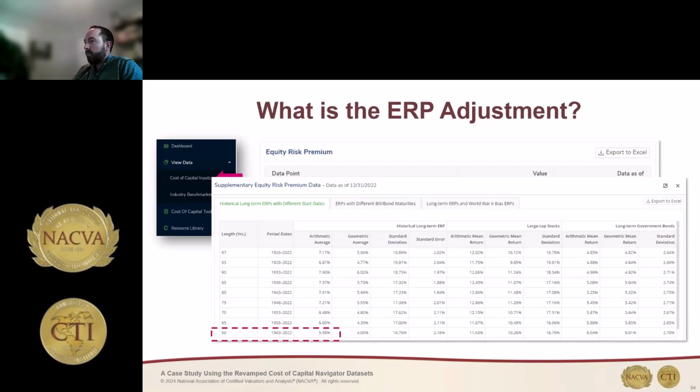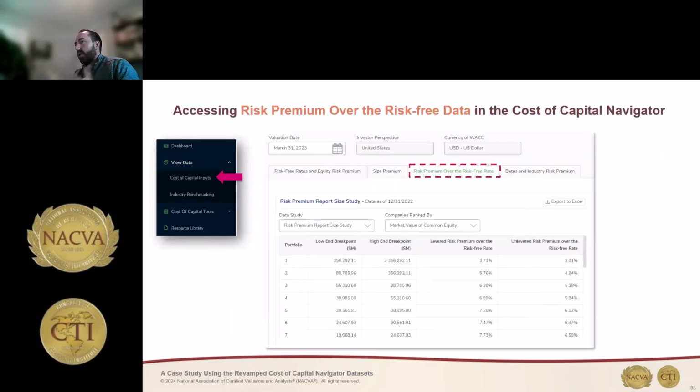So now that we've calculated our ERP adjustment, we'll go back and, following the same format that Kevin's been highlighting in this presentation, you can get that premia by going through the cost of capital inputs, selecting your date, and then running down to the risk premium over the risk-free rate tab.